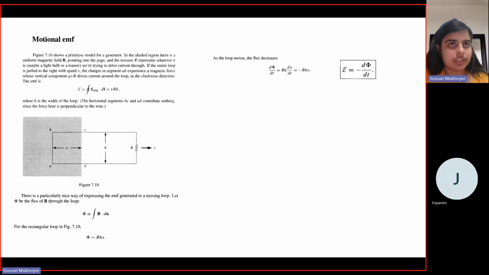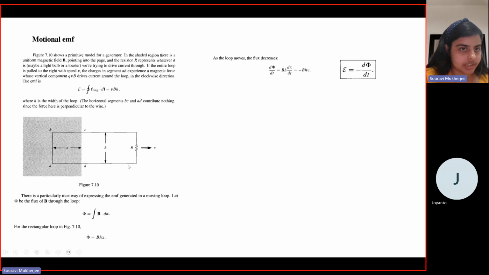If you remember, even in our higher secondary classes, we had a brief idea about generators. Motional EMF is at the heart of how generators work. So let us see what motional EMF is about. The shaded region is a region where there is a magnetic field, and you have this loop with a resistor.